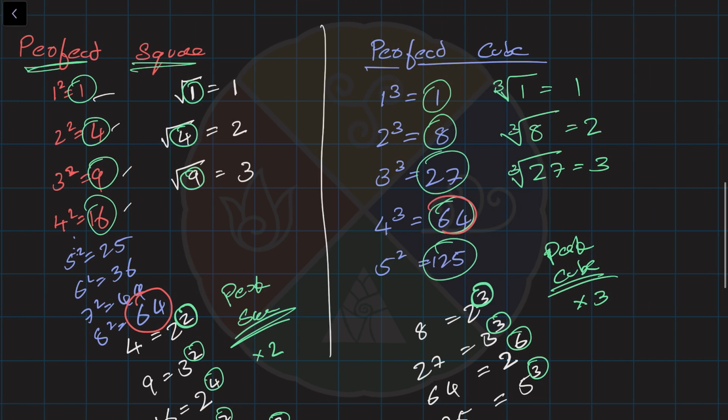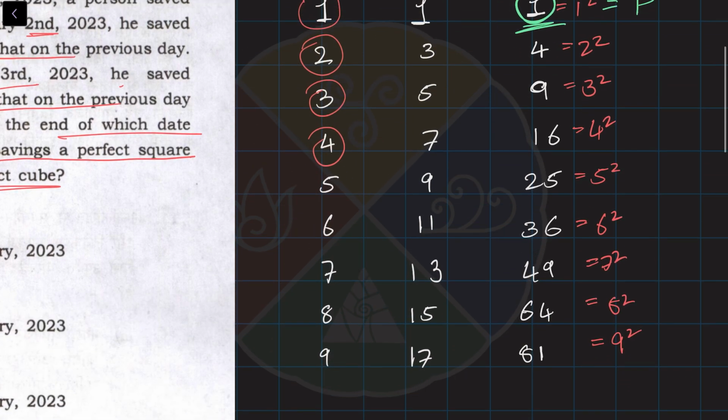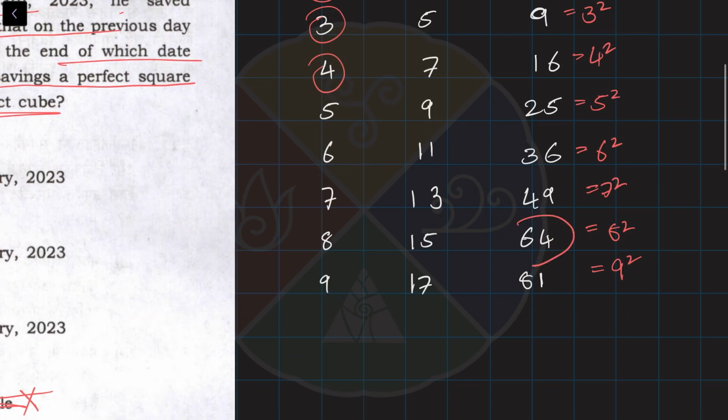Similarly, 4 cube is also 64. There is no other number before. See, 1, 8, 27. 1 is there, that's why I said that can be a possibility, but that's not given in the options. 8, 27 is not given over here. So the first number which is both a perfect square and a perfect cube is 64. So we are looking for a number where the savings is going to be 64. See, savings is 64 on the 8th day.